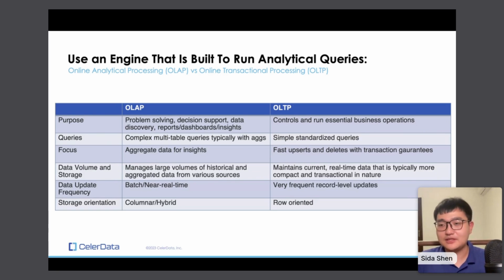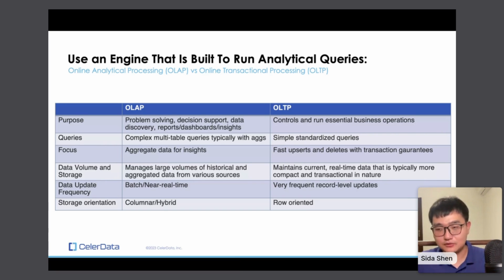And for OLTP, you typically maintain the most current real-time data, which is very small, compact, and transactional in nature, right? And data update frequency as well. For OLAP it's almost like batch, hours or even days of freshness, to near real time. The best the industry can do is around sub-10-second data freshness.